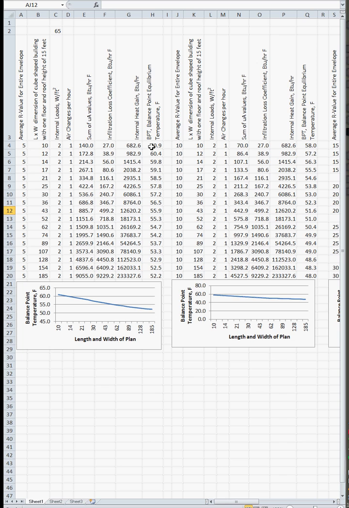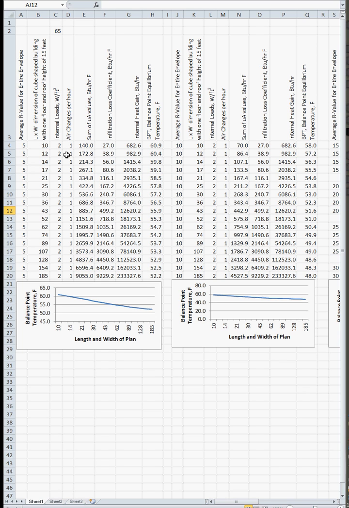You're comfortable when you're at thermal equilibrium, when the losses from your body, where you're generating heat metabolically, digestion of food calories, where your internal heat gain is equal to your heat loss to the environment by conduction, convection, radiation, and evaporation. In other words, by heat loss through your insulating clothes level, through your respiration, perspiration, through conduction, which is fairly rare, and through radiation to the surfaces around you.